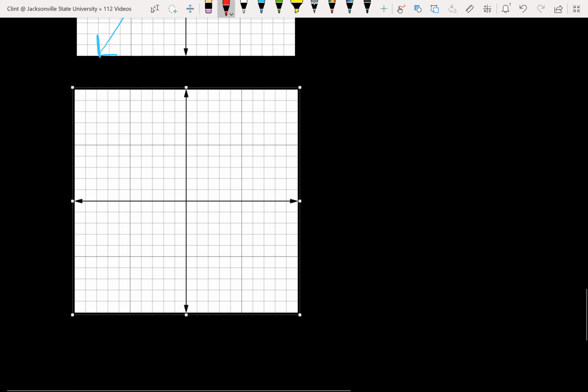So let's see. Okay, so here's the line. Sorry, it's wiggly. Okay, but I've shown 2 points on here.